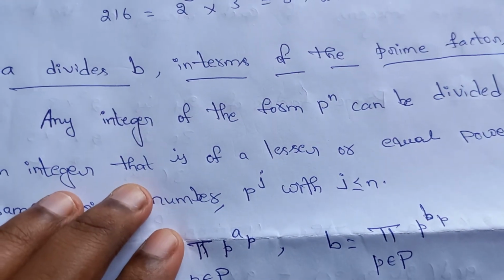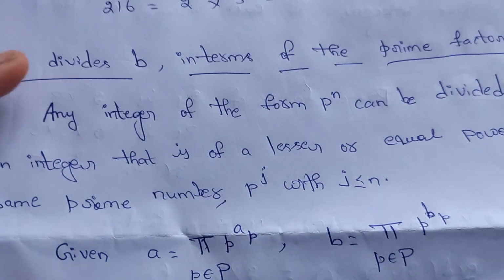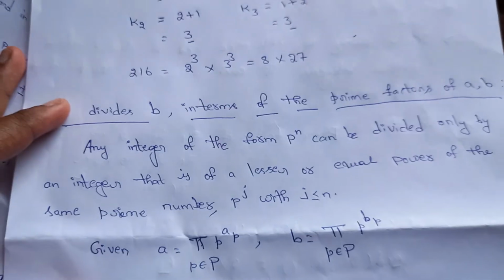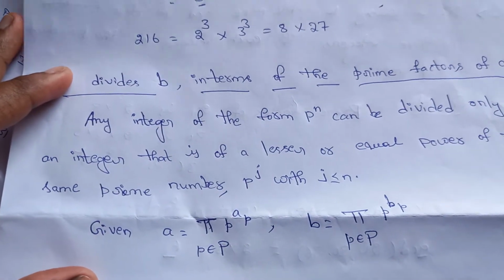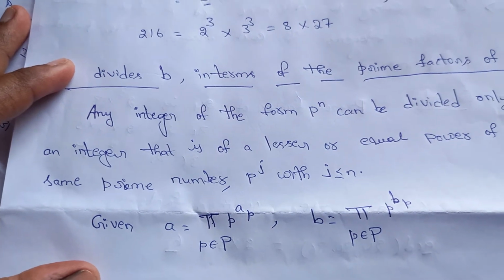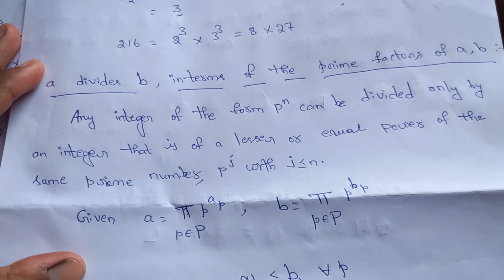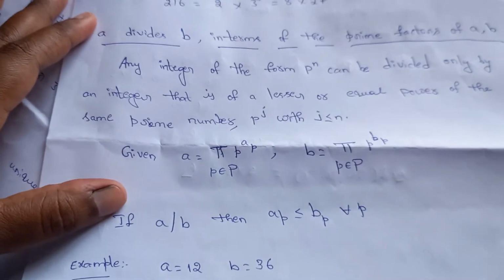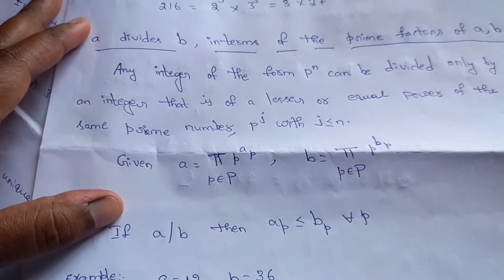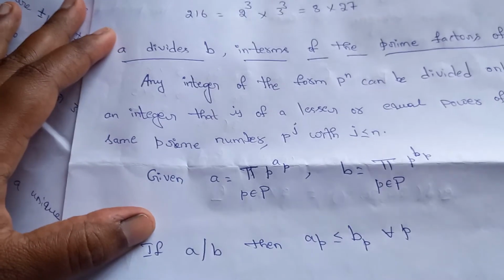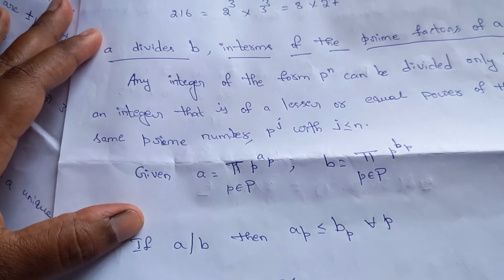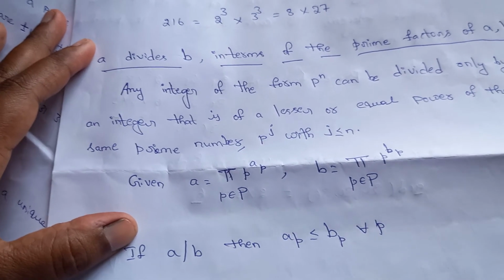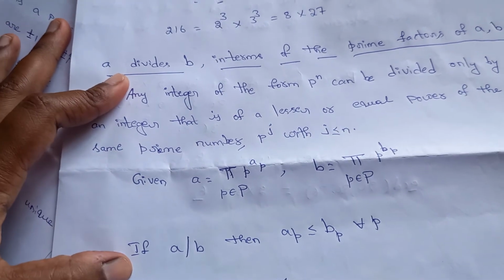Consider any integer in the form of p power n. That can be divided only by an integer that is of a lesser or equal power of the same prime number. Consider an example: a equals the product of p power a_p, and b equals the product of p power b_p.